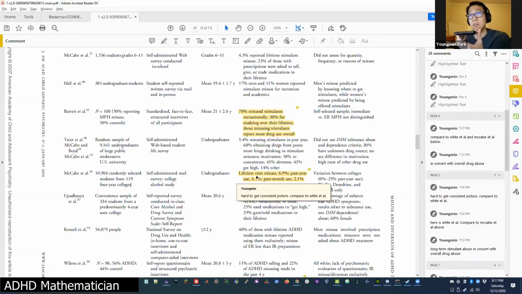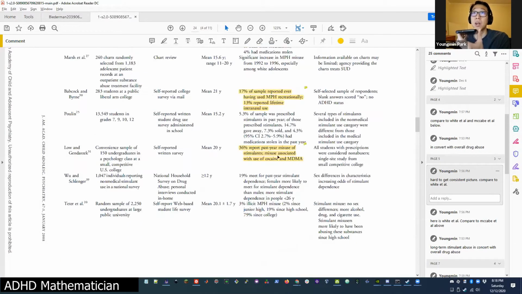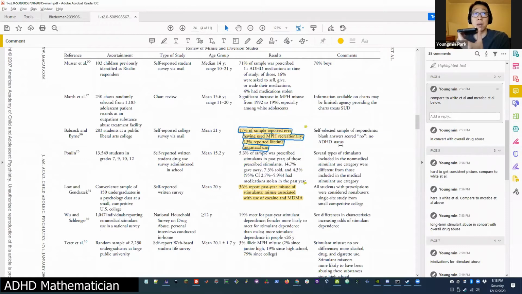There, lifetime stimulant misuse was reported at a rate of 6.9%, and in the past year, 4.1%. Within the past month, 2.1%. So these numbers are significantly smaller relative to the first study, Babcock and Byrne. So it's hard to know exactly how to take this.